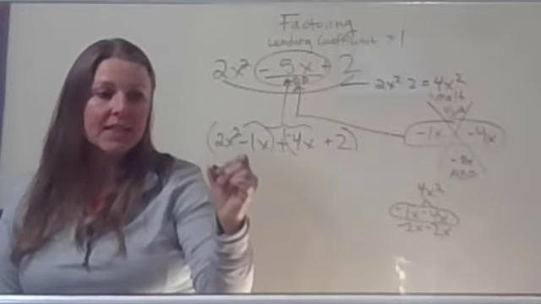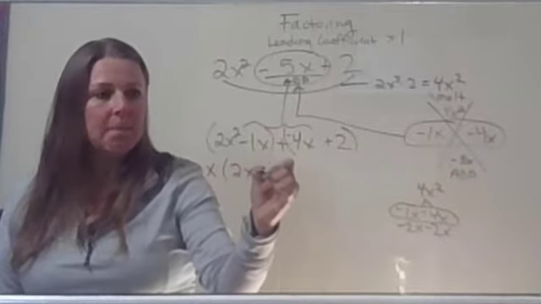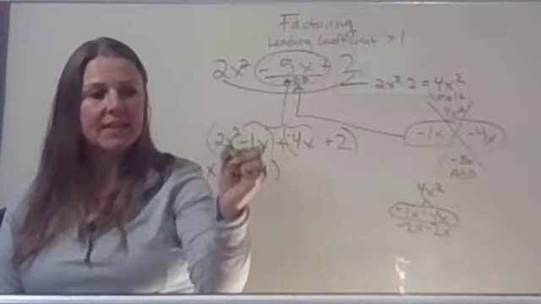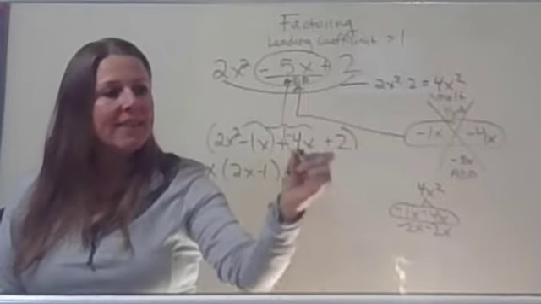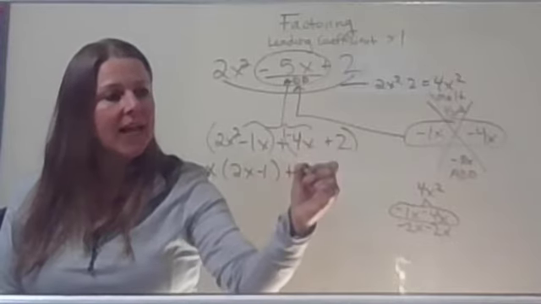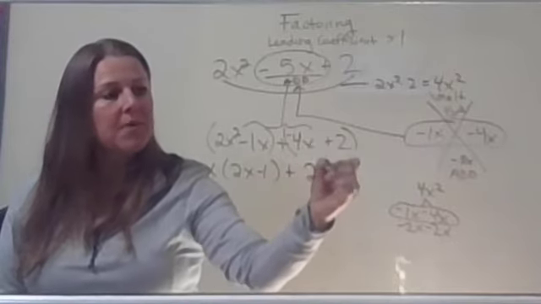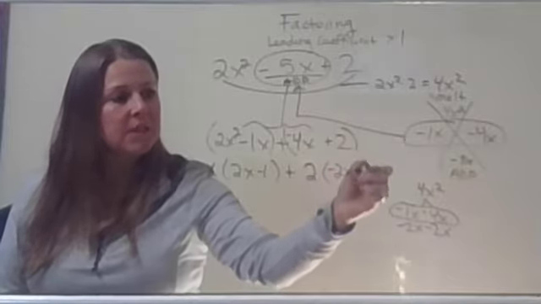They both have an x in common, and then you are left with 2x minus 1. You're just dividing this x out of each term. And then we want to get this to also be 2x minus 1. So I'm noticing it has a 2 in common, but if I take a 2 out, I'm going to have negative 2x plus 1.